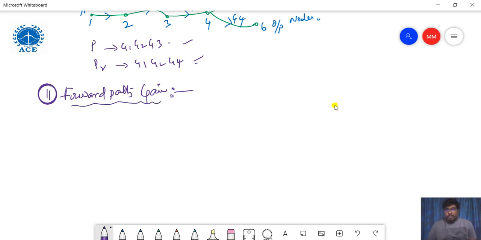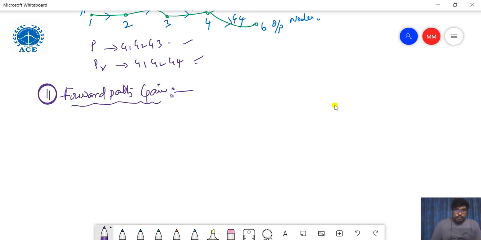What is it? Okay, forward path gain is nothing but the complete product. Within the forward path, the complete product of the gain is nothing but forward path gain. Or in other words, it is the product of the branch transmittances or gains, you can say, of a forward path simply.